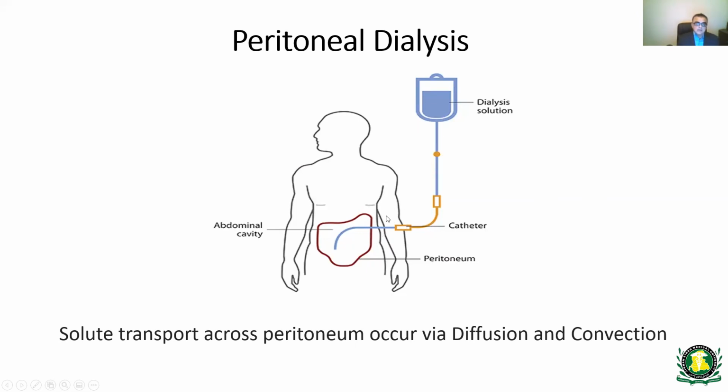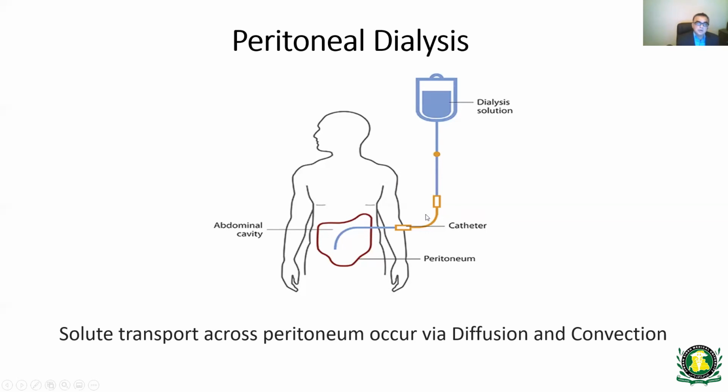You can do these cycles manually 3 to 4 times a day, or you can use an automated machine which is called a cycler, which can be placed right next to your bed, and the machine is programmed by the dialysis nurses, and all the patient will have to do is that at the time when they're ready to go to bed, they put some special fluid solutions on top of the machine, and connect the tubing to the catheter and turn the machine on.